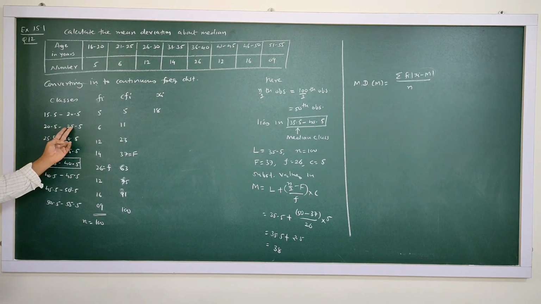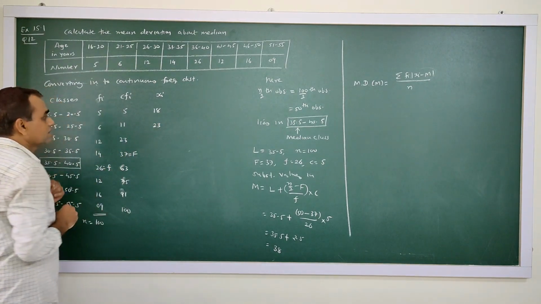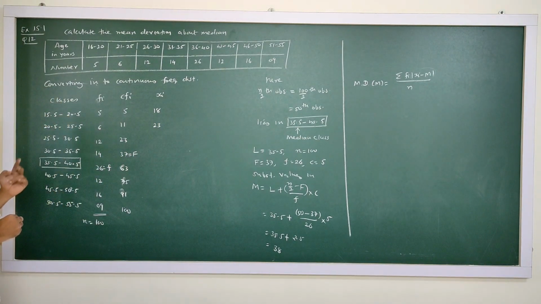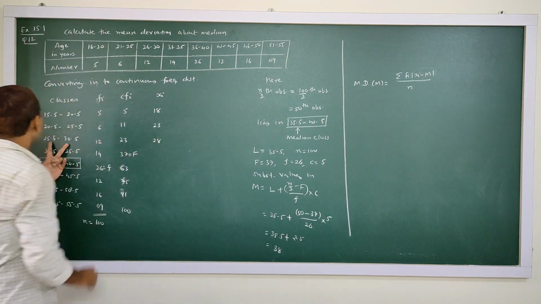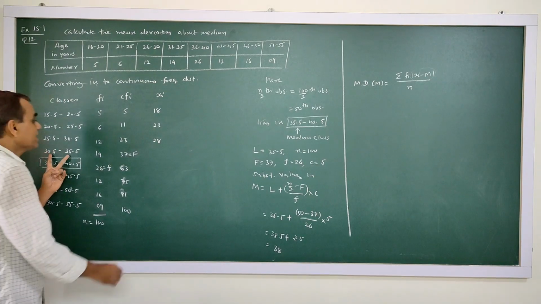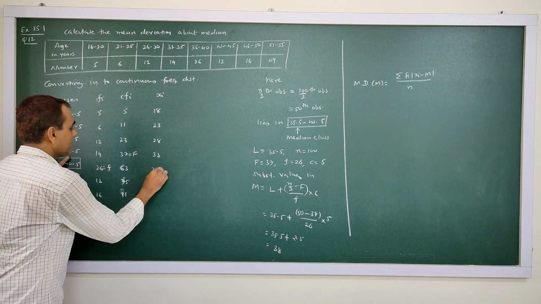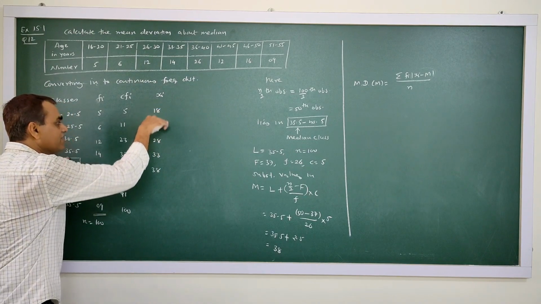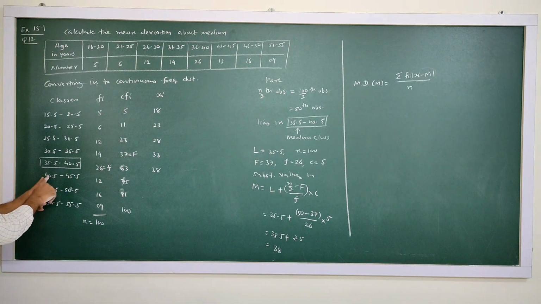Then the total of these two is 46, 46 by 2 is 23. Similarly, the average of these two will be 28, 56 by 2. Similarly, the average of these two numbers will be 33, 38. You can see the difference is 5.